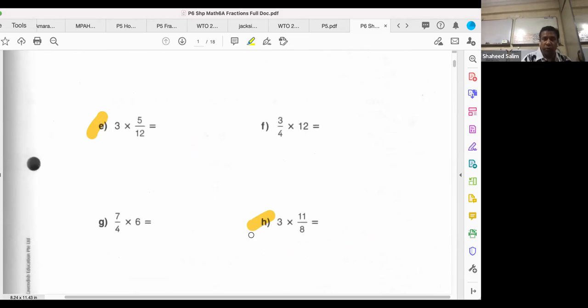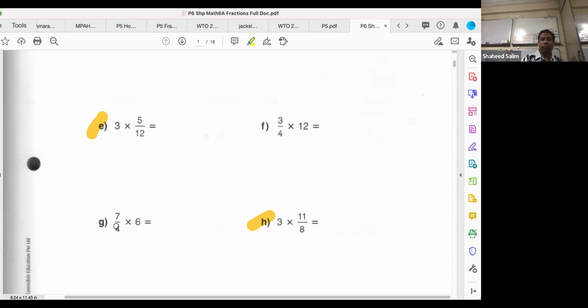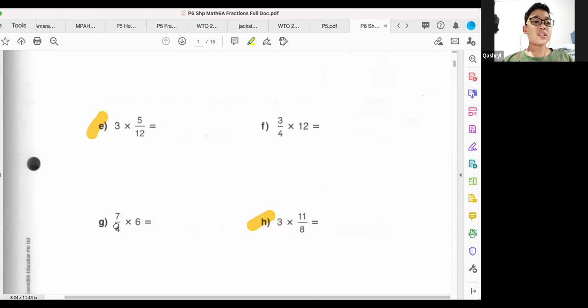For those of you who are confused, this 3, you can write it as 3 over 1. This 12, you can write it as 12 over 1. This 3, 3 over 1. 6, 6 over 1. You must write in mixed number, right?